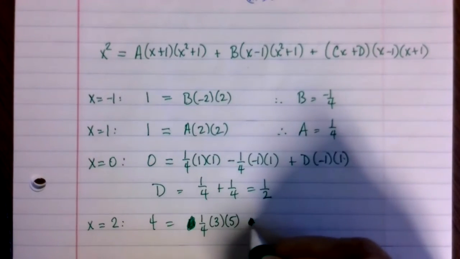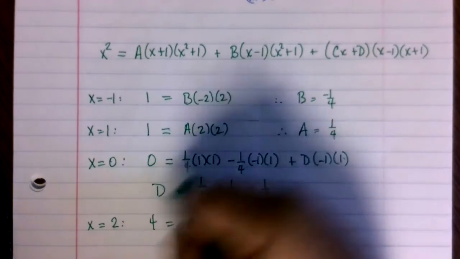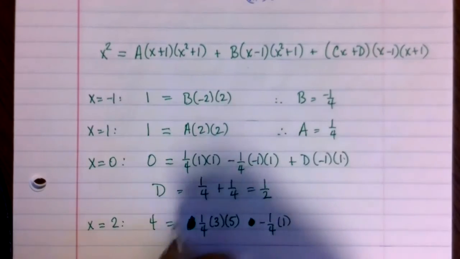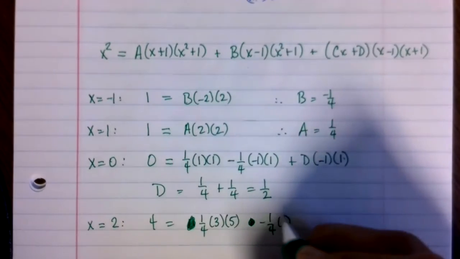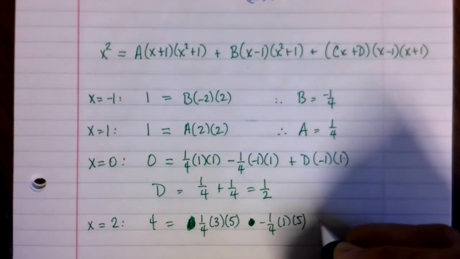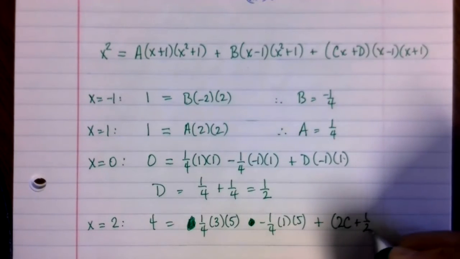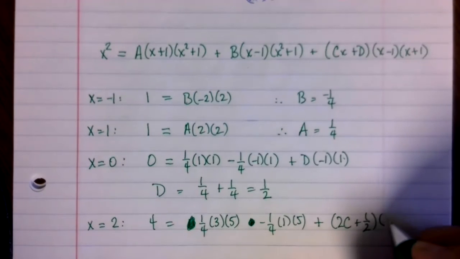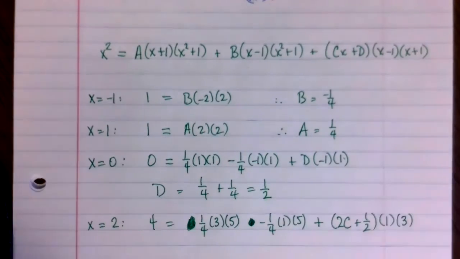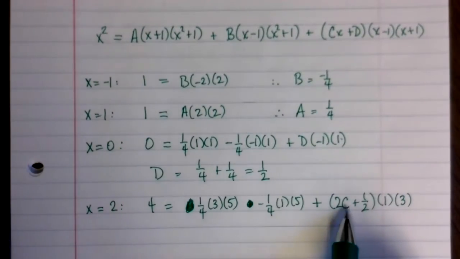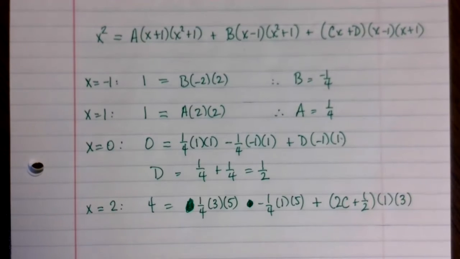Then I have minus 1/4. Plug in 2, I get 1. Plug in 2 here, I get 4 plus 1 makes 5 again. Then if I plug in 2, I get 2C plus 1/2 times 1 times 3. Now that's a bit long, but there's only one variable here, C, so I can solve for it.